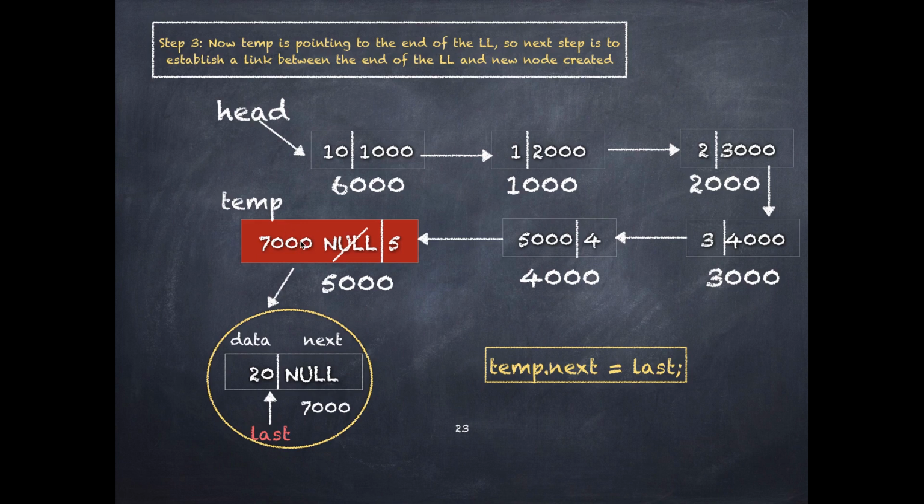Temp dot next is equal to last. That means this null is now updated to 7000. That is nothing but the address of the newly created node, right? Yes. So now you have linked the newly created node to the linked list.